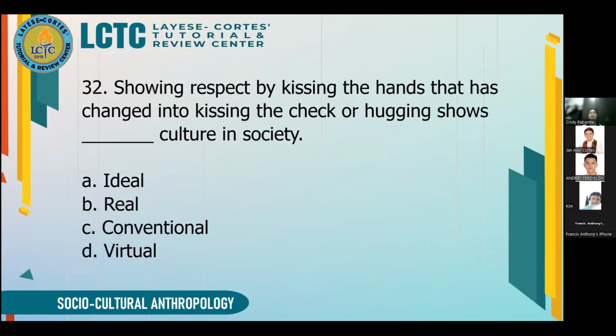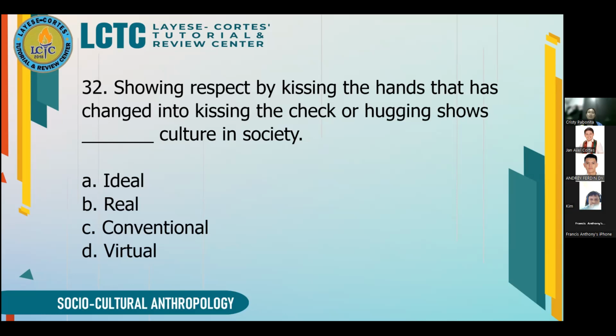Okay. 32. Showing respect by kissing the hands that has changed into kissing the cheek or hugging shows blank culture in society. Conventional. Yes, conventional. So conventional culture is somehow accepted in the society.